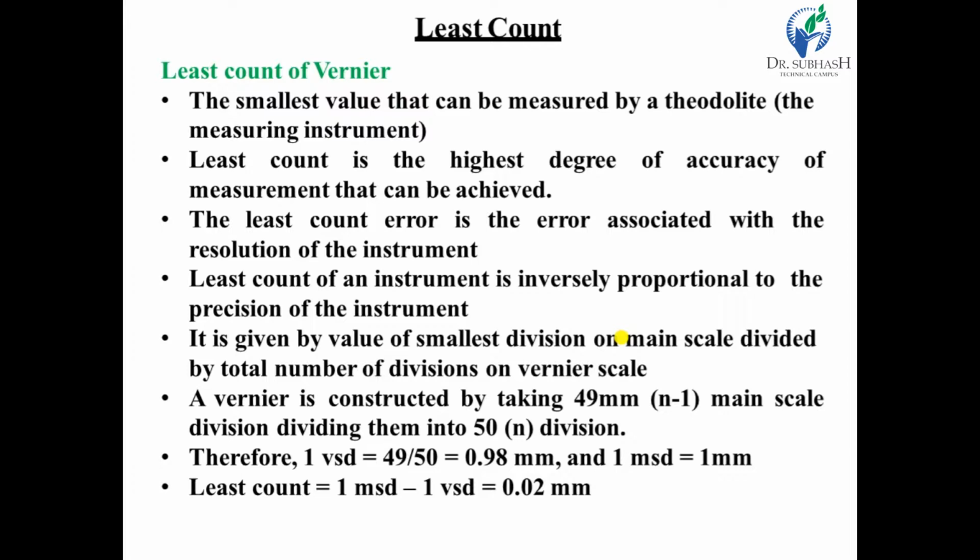It is given by the value of the smallest division on the main scale divided by the total number of divisions on the vernier scale. Let us see an example of how to calculate it.